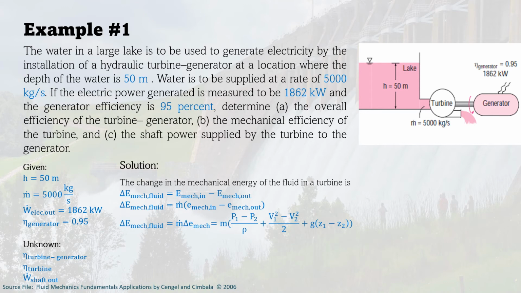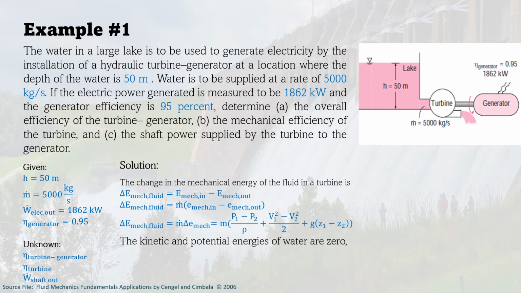And in our lesson, it is defined as the mass flow rate multiplied by the change of mechanical energy of the fluid, which is just the difference between the pressure energy, which is the flow energy, the kinetic energy, and the potential energy at the inlet and the outlet of the turbine. So that's why we have this equation here multiplied by the mass flow rate.